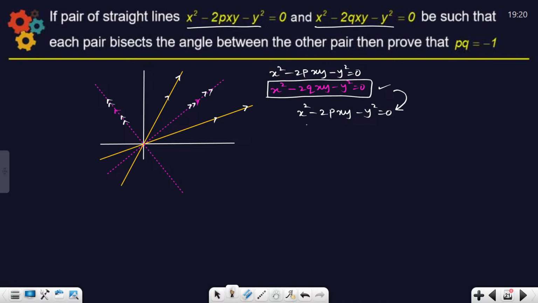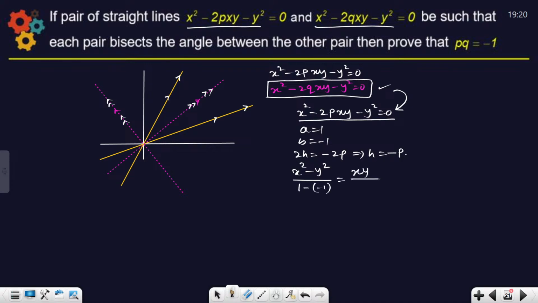So now let me take this one. Here your a is 1, b is minus 1, and 2 times h is minus 2p, which gives us h is minus p. So what will be the angle bisector of these two lines? (x square minus y square) by (a minus b) equals xy by h.